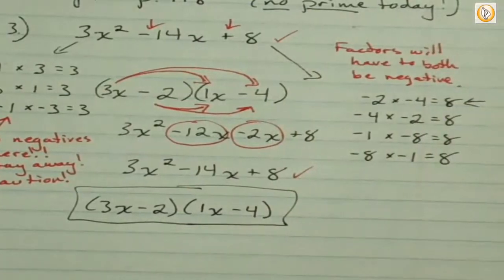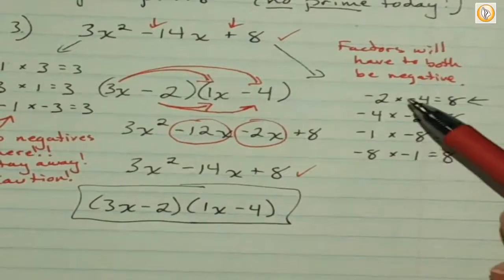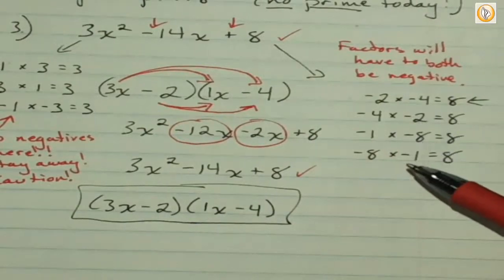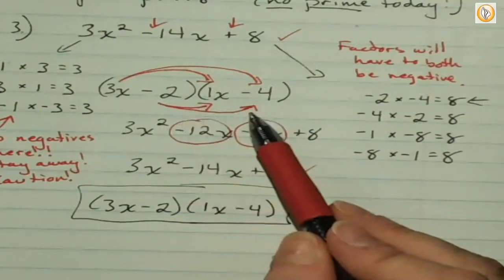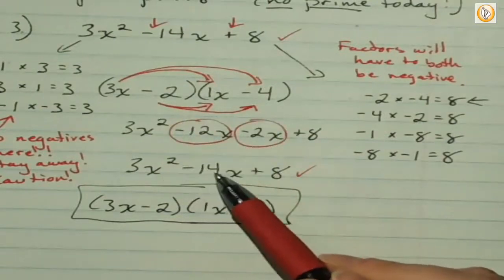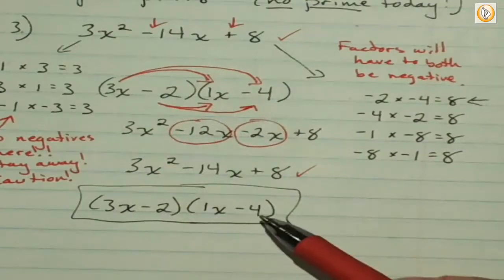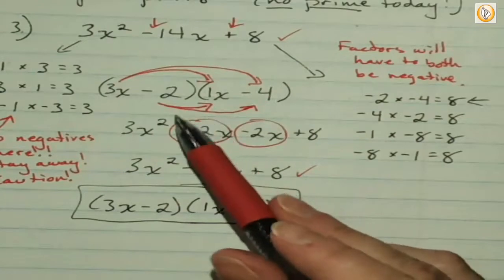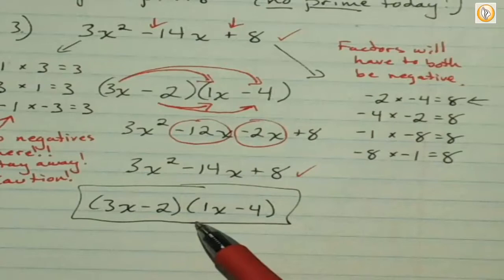If you can't just look at it and figure it out, you will need to try each of these, plug it in, work it out, and see if it works. If it doesn't work, do not erase it. Leave it there, and then try another pair. See if it works. Okay?